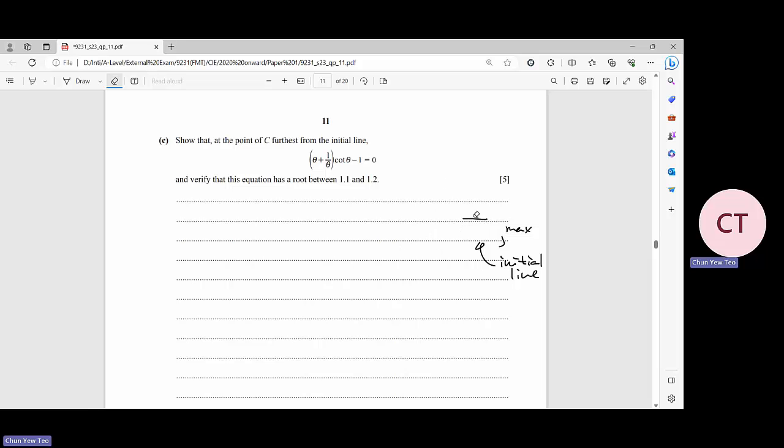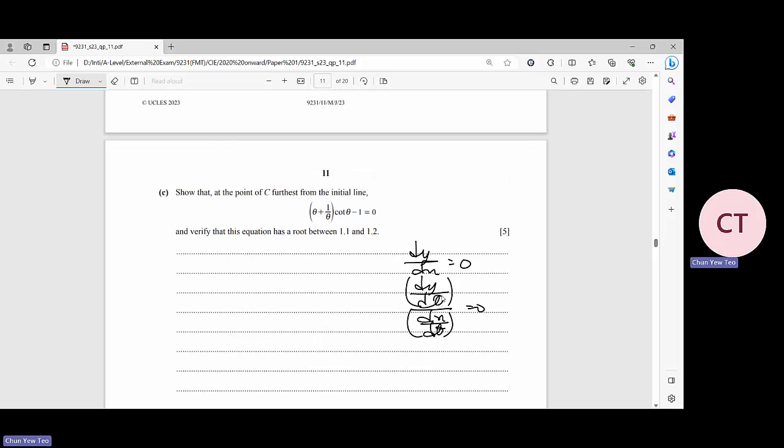That is the same as dy d theta over dx d theta equal to 0. So in order to get dy dx equal to 0, you just need to focus on making your dy d theta equal to 0. There's no need for us to find dy dx equal to 0. We just need to focus on dy d theta equal to 0.